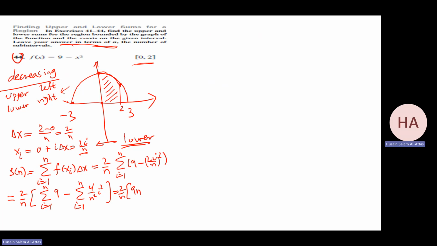Let me check, maybe there is some calculation there. Minus 4 over n square, summation of i square. Summation of i square is n times n plus 1 times 2n plus 1 over 6.